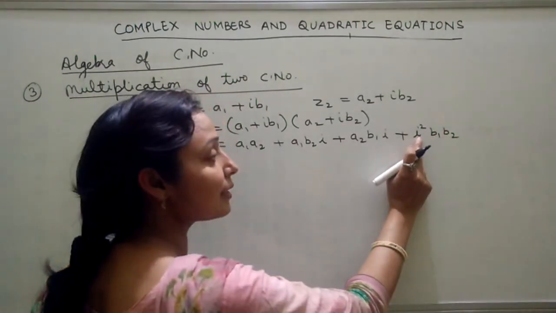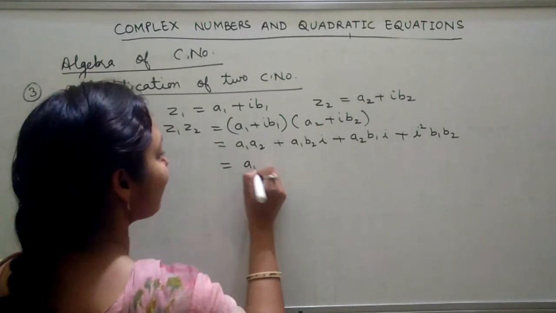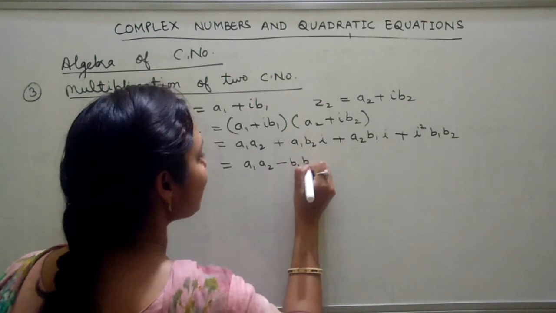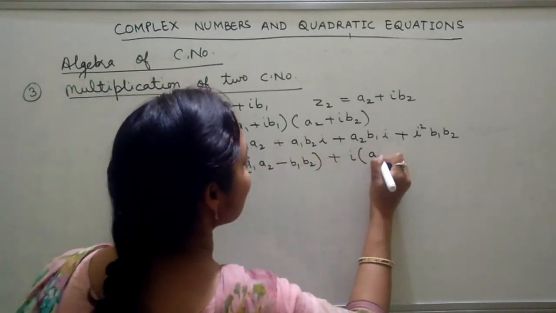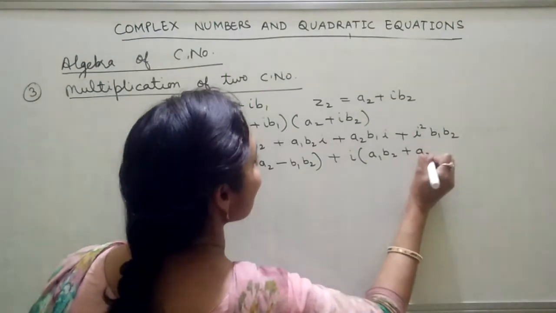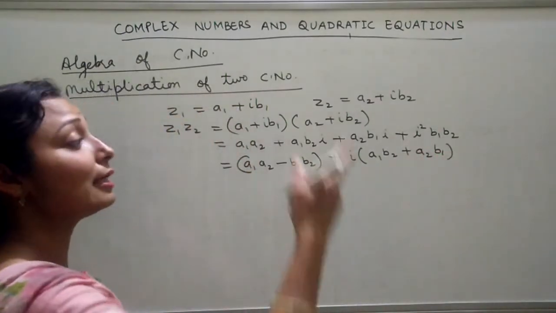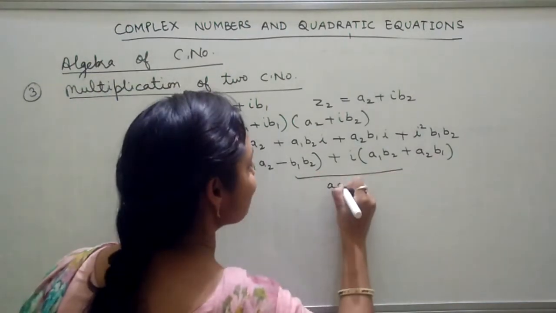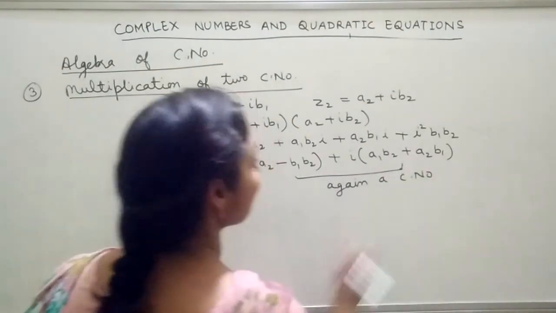I will convert iota square into negative 1, so along with this we get a1 a2 minus b1 b2. This is the real part, plus take iota as a common factor, (a1 b2 plus a2 b1). So this is the way to do the multiplication. Again a complex number.